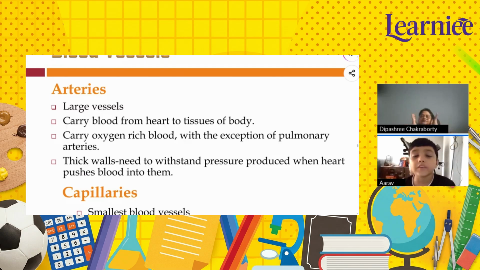Because they need to withstand the pressure produced when heart pushes blood into them. One more time, they have thick walls because they need to withstand the pressure produced when heart pushes the blood into them.